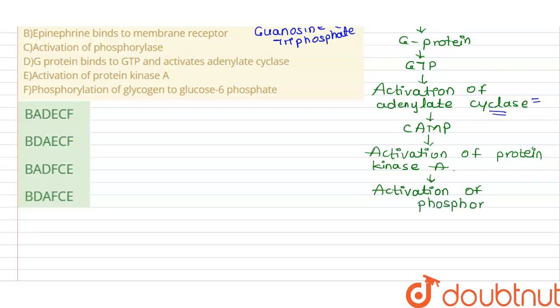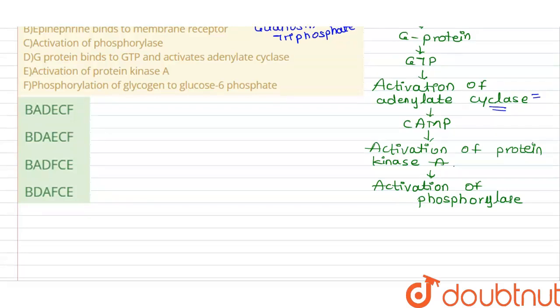So what will this phosphorylase activation cause now? The next step after the activation of phosphorylase is the phosphorylation of glycogen. Now the activation of phosphorylase is done, and this activation will lead to the phosphorylation of glycogen.